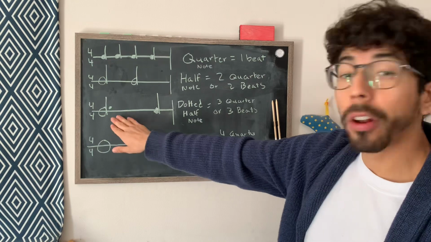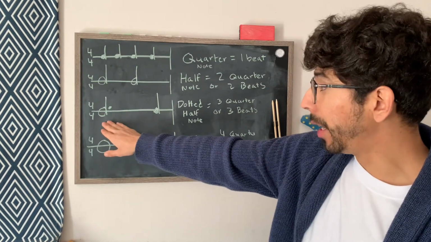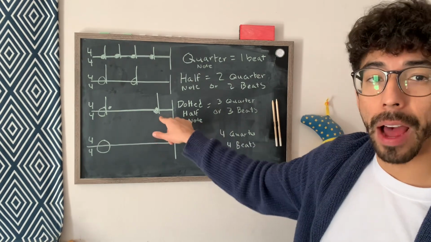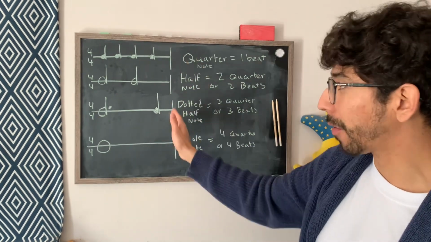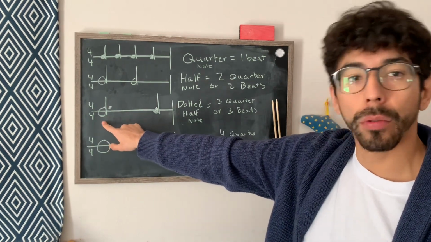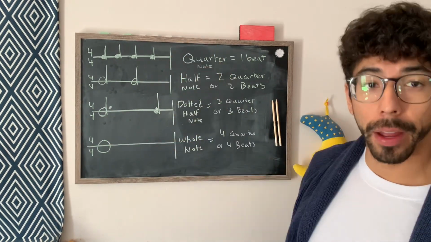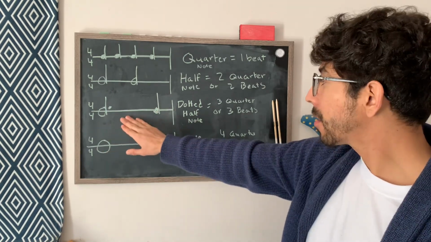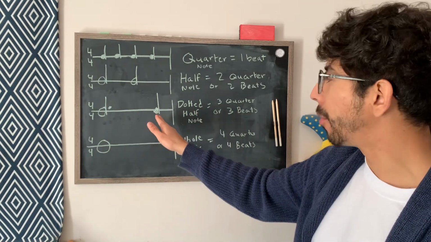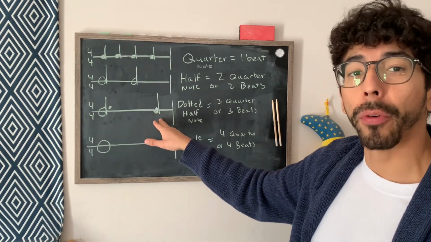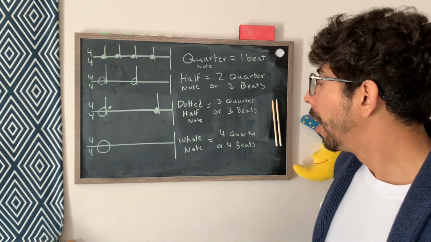So in order to complete this measure, because it's only 3 beats, we have to add a quarter note to add the 4th beat. And so it's a full 4 beat measure. So we count this 1, 2, 3, 4. And so we hold down for 3 beats, and then we'd finish off with either a rest or in this case a quarter note to finish off the 4th beat and finish the measure off.